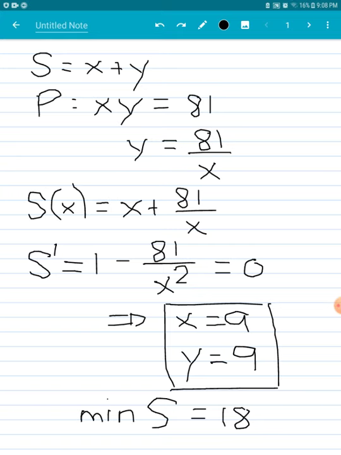Now, before we end this video, let us just verify that indeed the sum 18 is the minimum sum, of course it could also be the maximum sum. But how do we tell if it gives a maximum sum or a minimum sum? So we use the second derivative test.